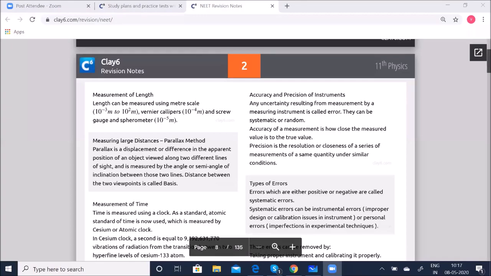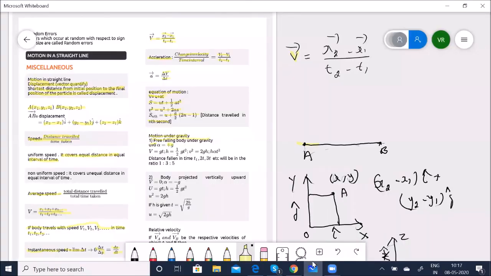The first equation now becomes 0 plus gt, or V is equal to simply gt. So V is equal to gt is the first equation.